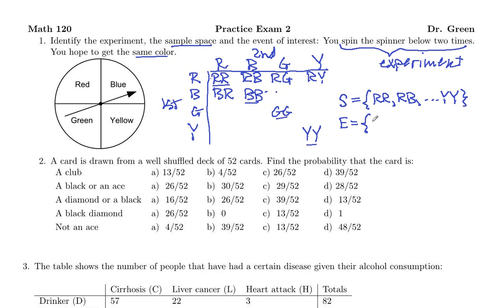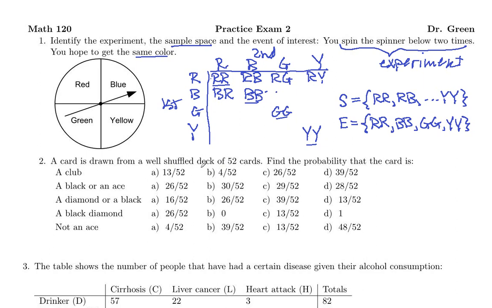That's our event of interest. So red, red, blue, blue, green, green, and yellow, yellow. And this is an equally likely sample space because each of these outcomes here is equally likely as are each of these. 1/4 probability each way.